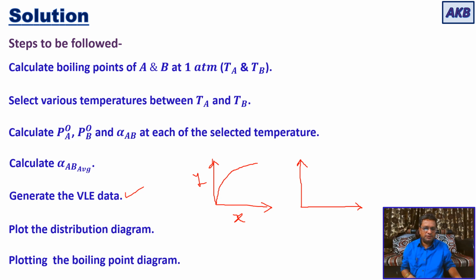On the y-axis we will be plotting temperature, and on the x-axis we will be plotting both x and y, that is the mole fraction of methanol in liquid and the mole fraction of methanol in vapor. So you'll be getting two curves. One is the t versus x curve and the other one is the t versus y curve.